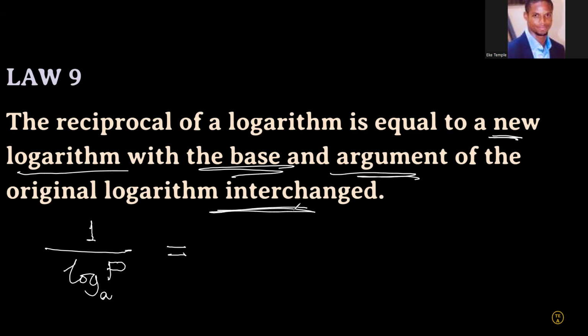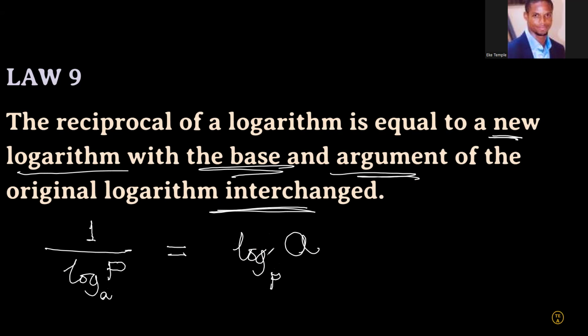You can see that. Which means write a new logarithm, but that which was the original base a becomes the new argument. And that which was the original argument becomes the new base. And interchange. The new logarithm is born, no longer a fraction, but a pure number standing.